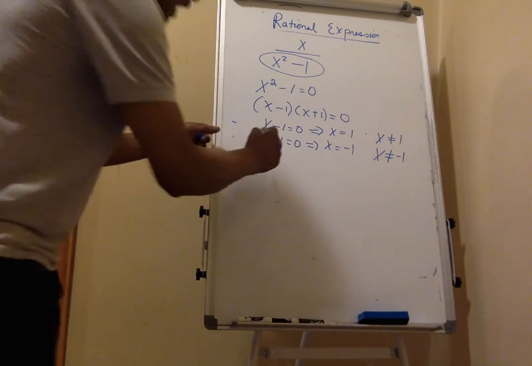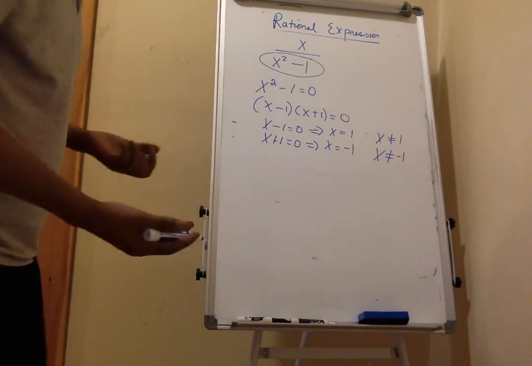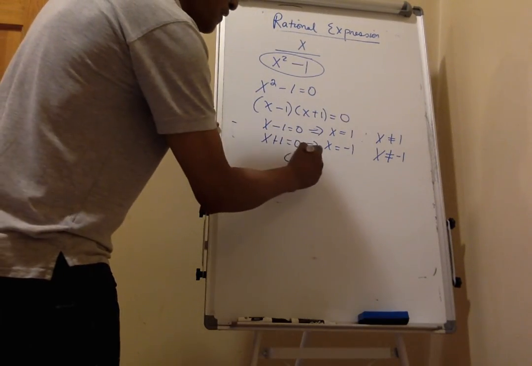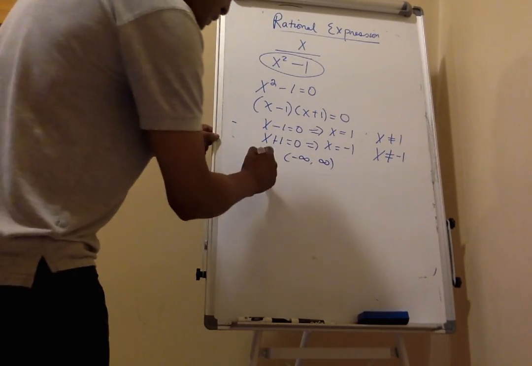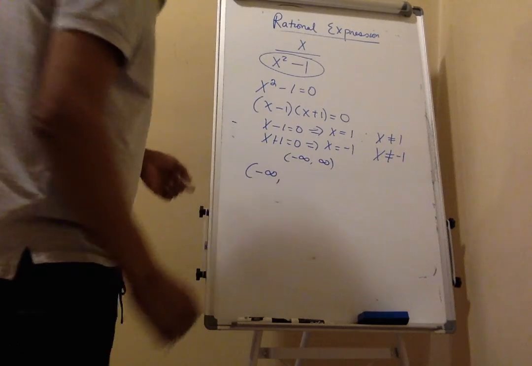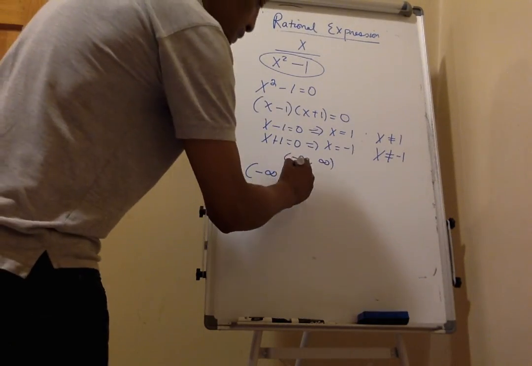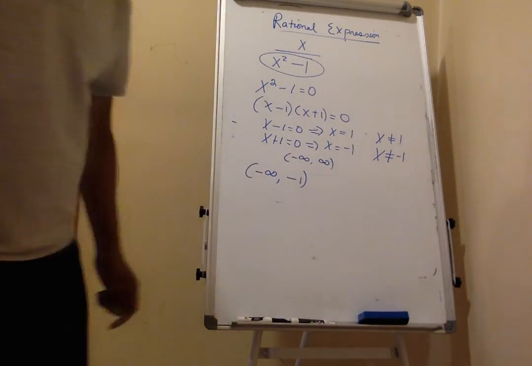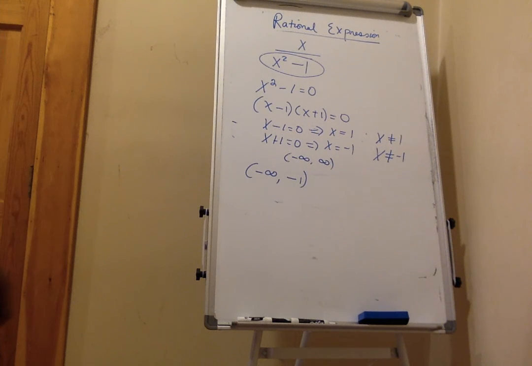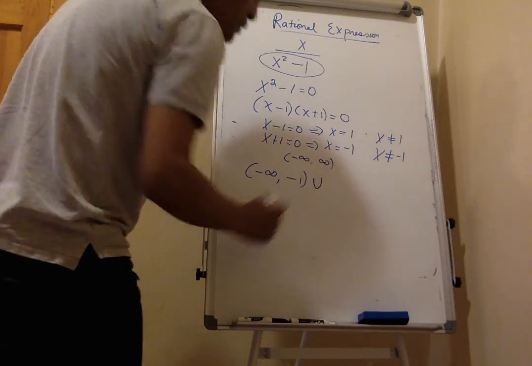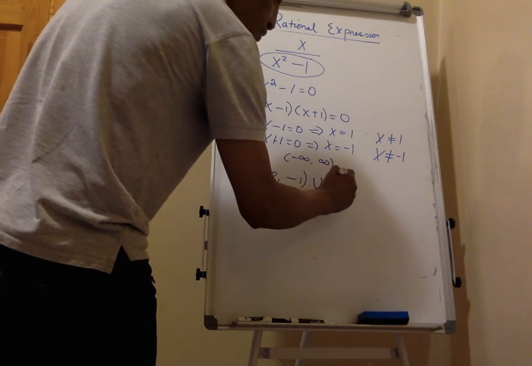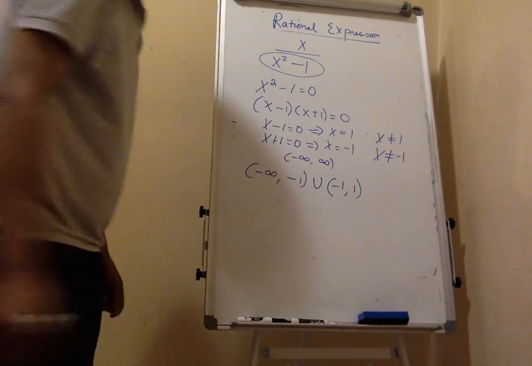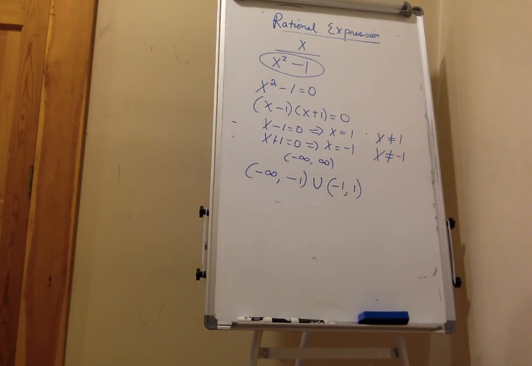So now, how do we write the domain? Mind you, it is from negative infinity to infinity. That is the real numbers. So the domain will be, I start from negative infinity, and all values of x between negative infinity and negative 1, we are allowed to use that. But not negative 1, right? And then you put a union. Then all values of x between negative 1 and 1 also we are allowed to use.